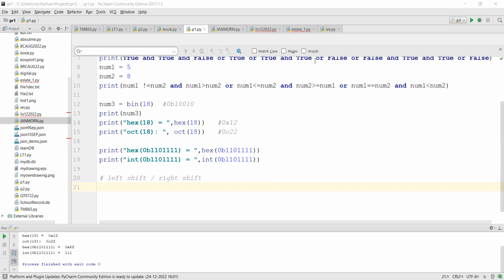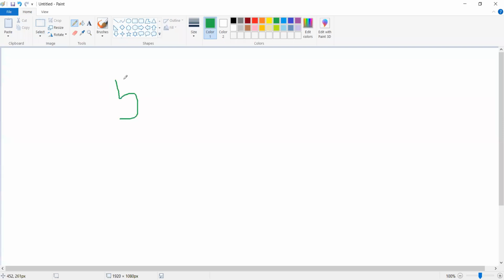What happens to a number if you move left? Let's say you have the number 56.